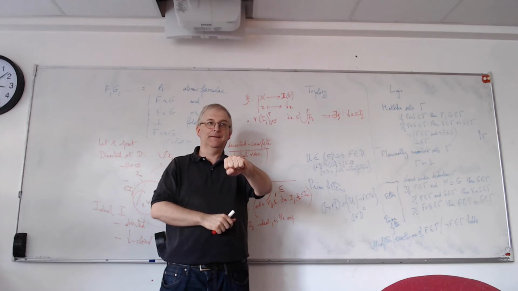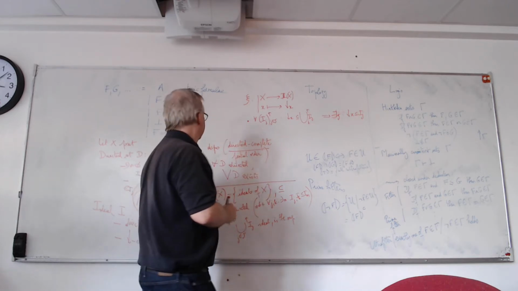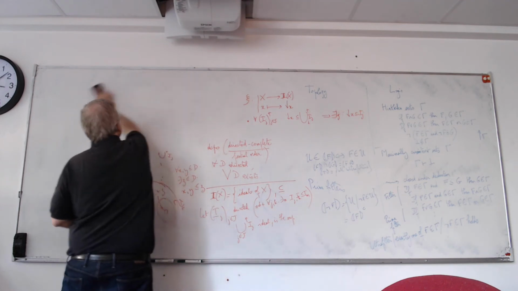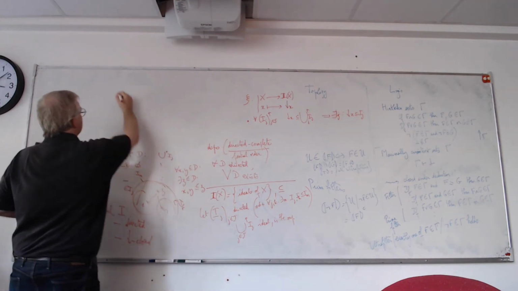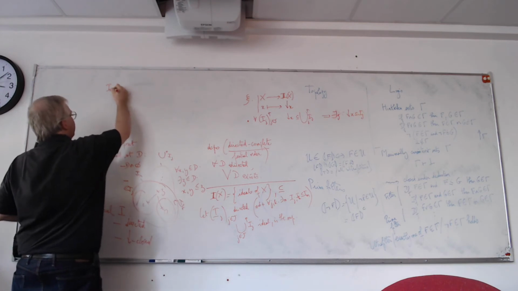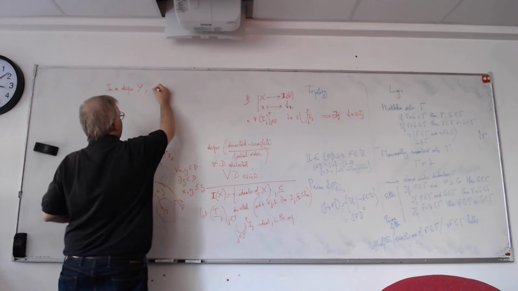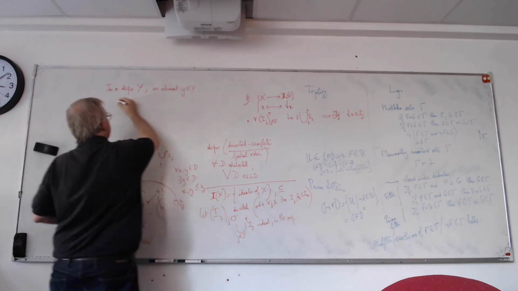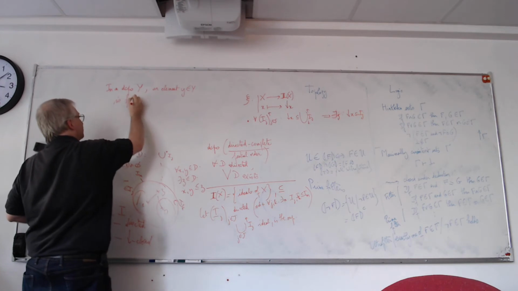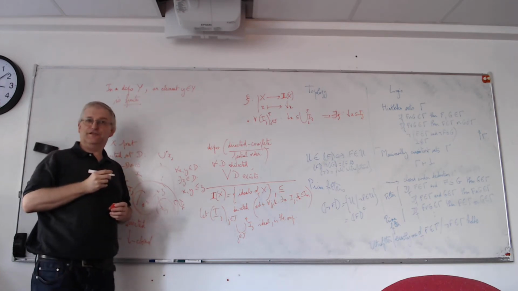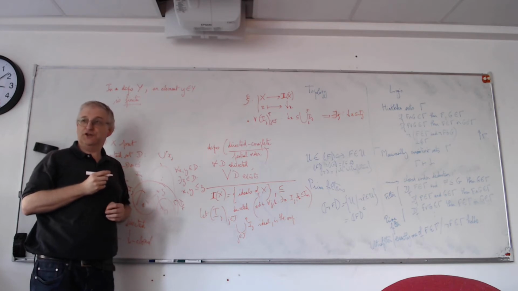Okay? So the definition, let me erase this. In a DCPO, let me call it Y, an element Y is finite. Some people say compact, and there's a good reason for that. It's related to topology.